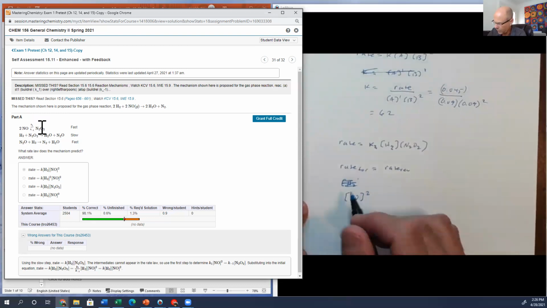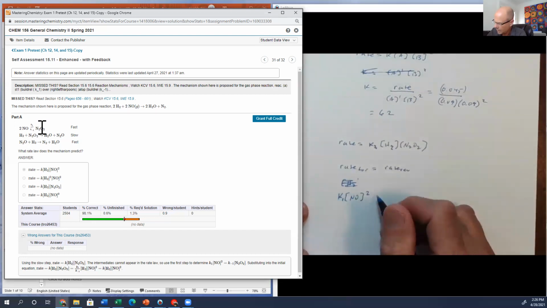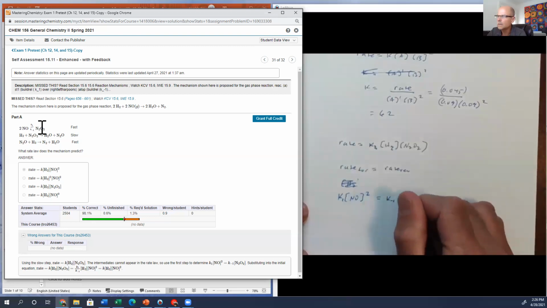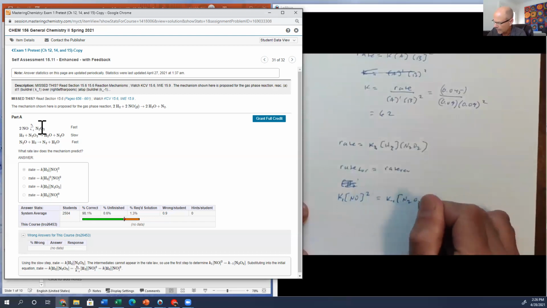That's the rate of the forward reaction, K1 times NO squared, is equal to the rate of the reverse reaction, which is equal to K minus 1 times N2O2.